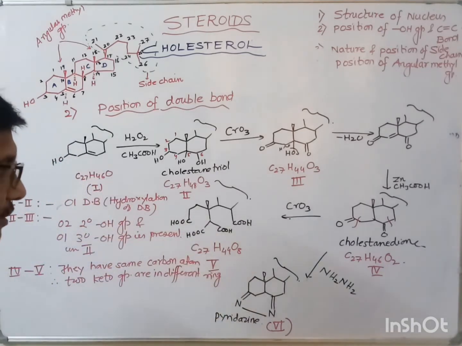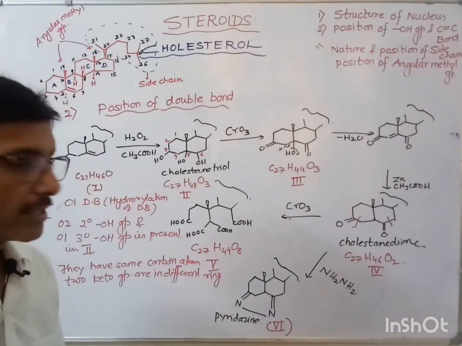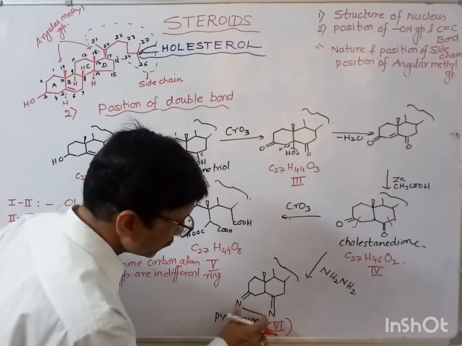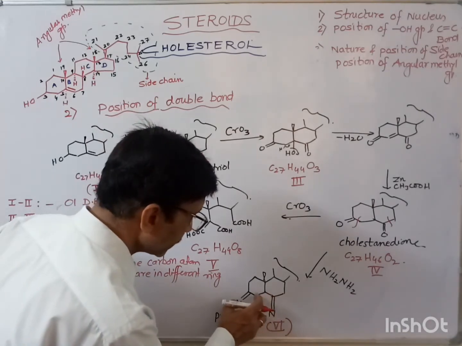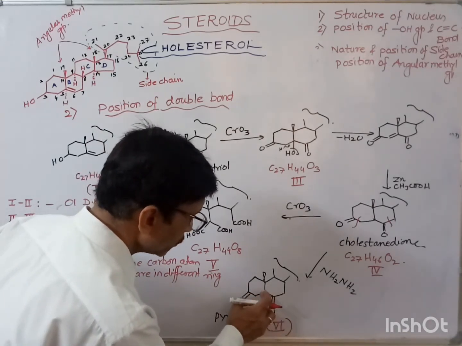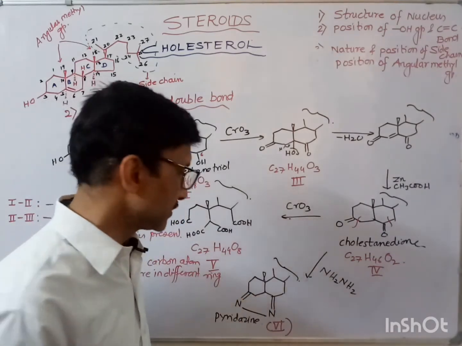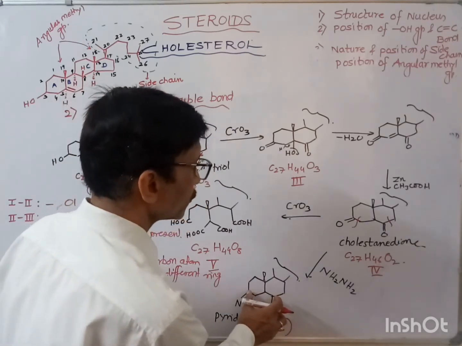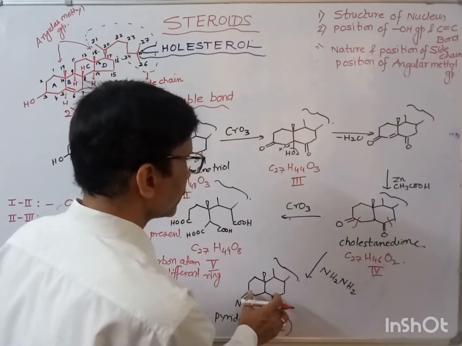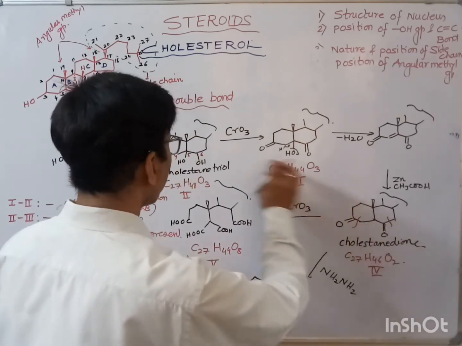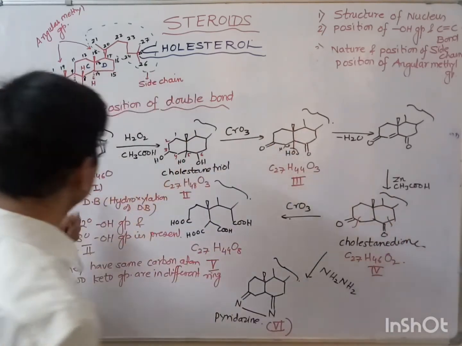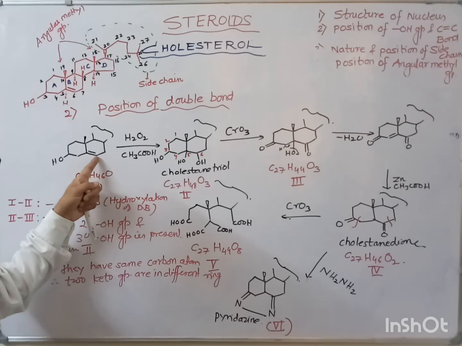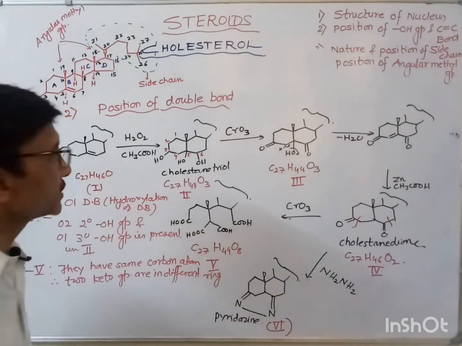Okay. Next, the 4th to 6th. What does it indicate? It is a pyridine derivative, and this is formed between alpha and beta, suppose alpha, beta, gamma, or 1, 2, 3, 4. The 1,4 pyridine is formed. So the formation of the 4th indicates that two keto groups are present over here, obtained after these different steps, and finally we can say that the double bond is present over the 5th and 6th carbon.